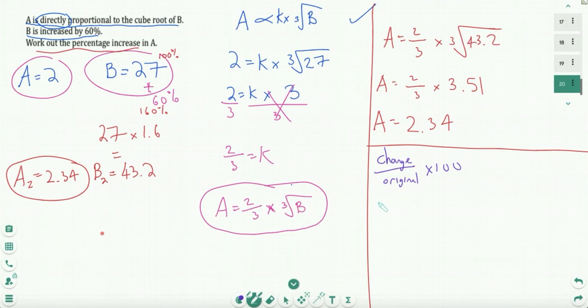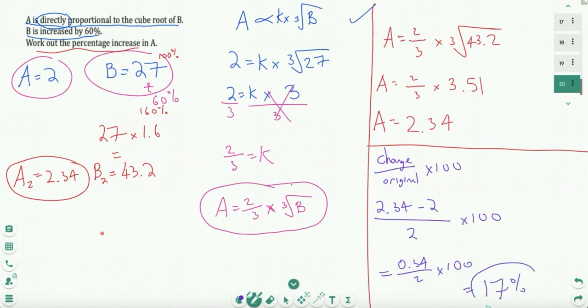So the change is basically the new value minus the old value, divided by the original value, which is 2, times 100. 2.34 minus 2 is 0.34, over 2, times 100, which is equal to 17%. And that is our answer, guys. If b is increased by 60%, a is increased by 17%.